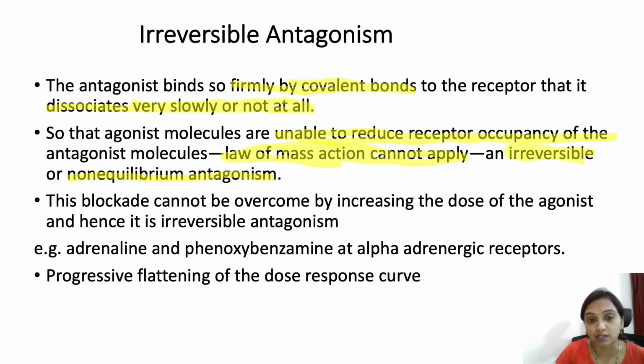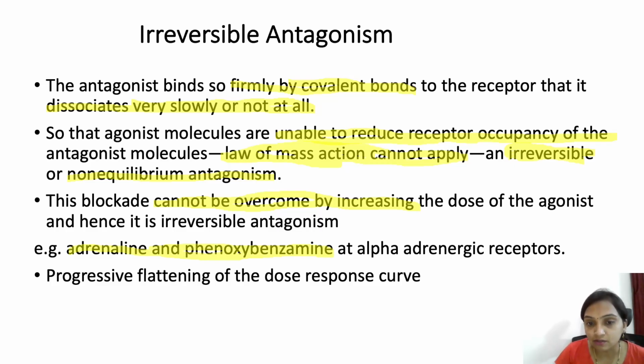Very, very important. This blockage cannot be overcome with increasing dose, unlike competitive antagonism, and hence it is called irreversible antagonism. An example is adrenaline and phenoxybenzamine. Phenoxybenzamine, we all know, is an irreversible antagonist at the alpha receptor, both alpha 1 and alpha 2. So adrenaline has action on all the receptors: alpha 1, 2, beta 1, 2, 3.